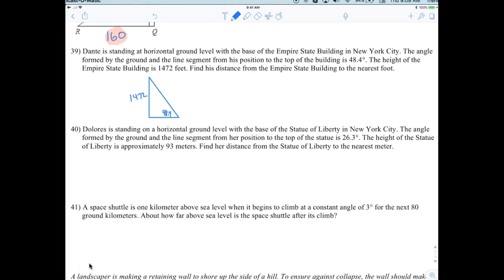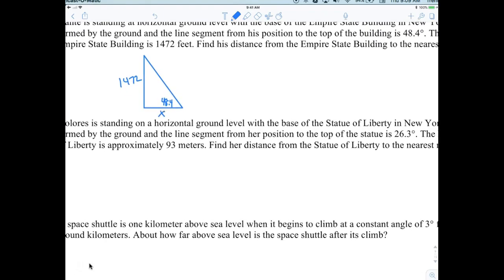Find the distance from the Empire State Building. All right, so they're trying to figure out how far away the person is from the base or the top. So we're looking at this right here. So what are we using on this? Tangent. So you would be saying the tangent of 48.4 is equal to 1472 over x.